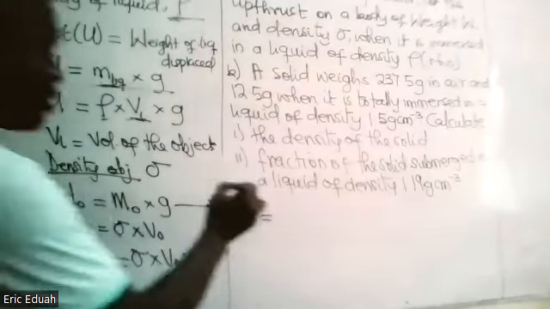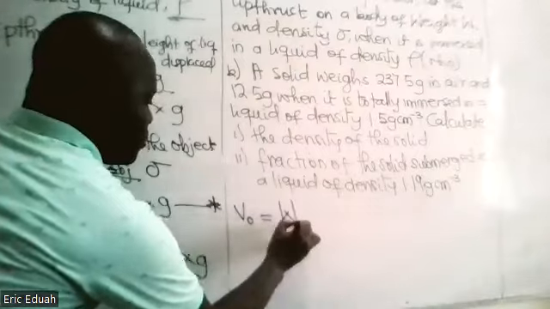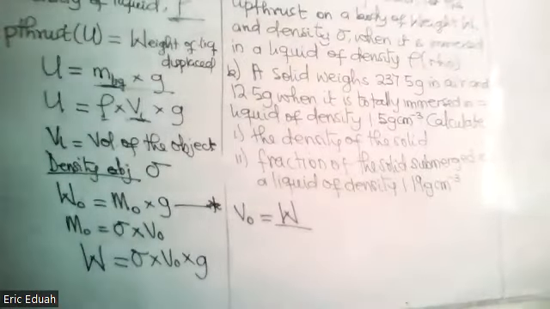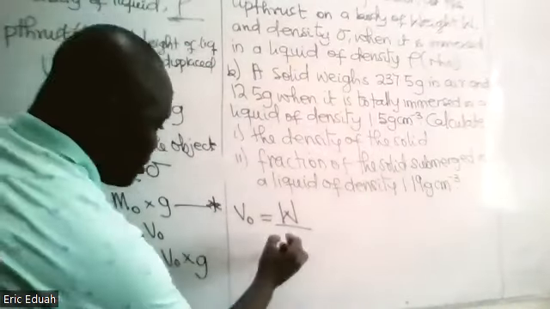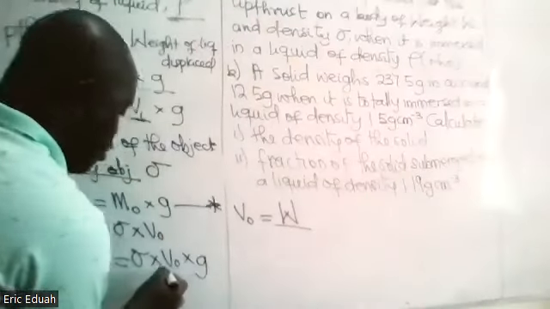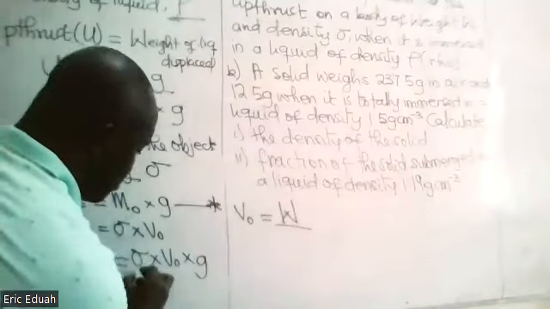Let's make the volume of the object the subject from here. The volume of the object will be equal to weight over density times gravity. Sorry, weight divided by density times gravity. Good. So V_O, thank you so much.